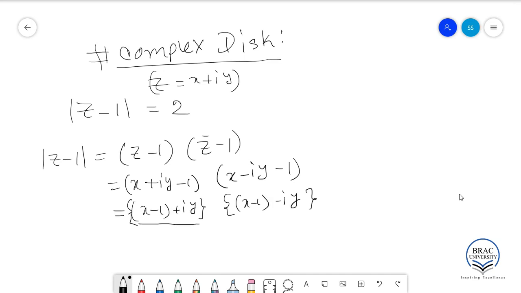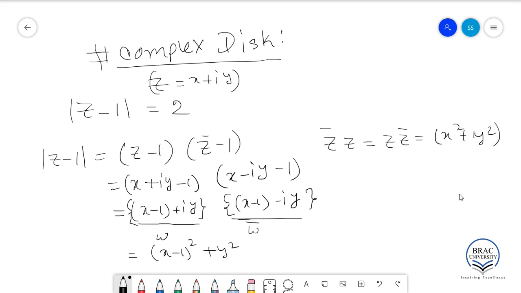Again, if this is another complex number, let's say w, this is just w bar, right? So we have x minus 1 squared plus y squared, because you know that z times z bar is equal to their components squared, right? That is x squared plus y squared, assuming z has this form.